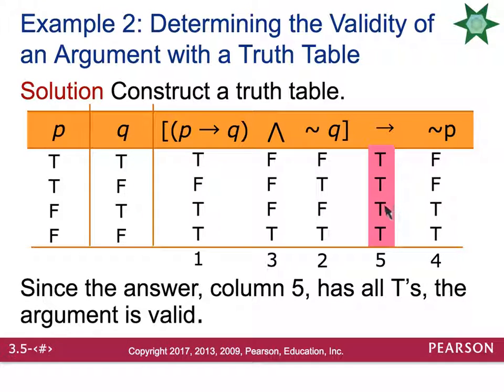False, true gives us true. Remember, if they start with an F, then it's always true. And then true, true gives us true. So we can see that this thing is a tautology. It's always true. So premise 1 and premise 2, bracket, arrow, conclusion, and then we find the truth value of that. And if it's always true, then we say our argument is valid. So this is indeed a valid argument, and we've shown that.